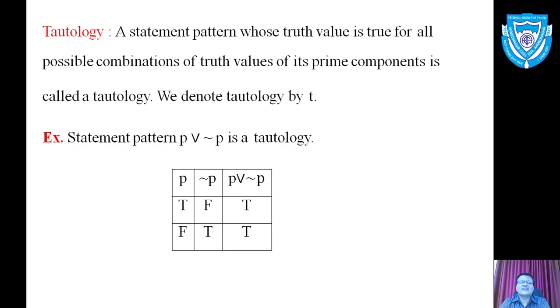Here two possibilities are there. P may be true or P may be false, and in each of these cases, P or negation P is true. So in short we can say P or negation P is always true, whatever may be the truth value of its prime component P, and therefore it is a tautology.